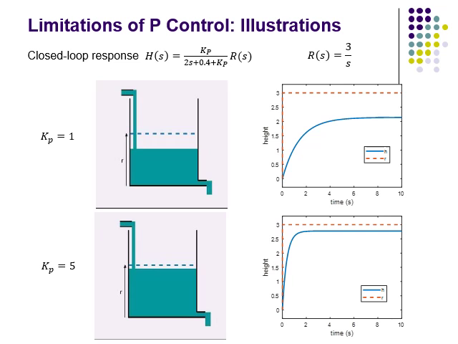Generally for the case of a first-order system, and the water tank is a first-order system, we can reduce the steady-state error and we can reduce the settling time by increasing the value of Kp.